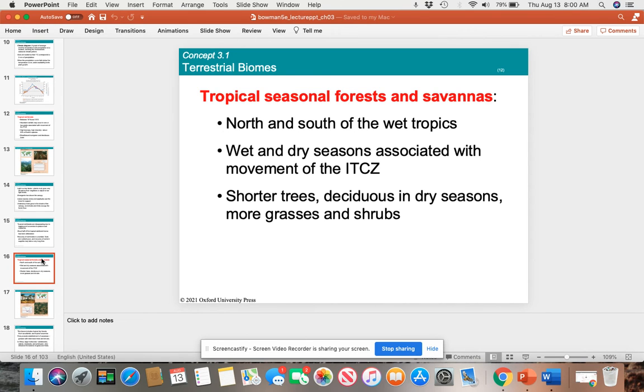You do have, in tropical seasonal forests and savannas, wet and dry seasons, so you do have seasonality here. Deciduous leaves dropping during seasons, more shrubs, grass-like.